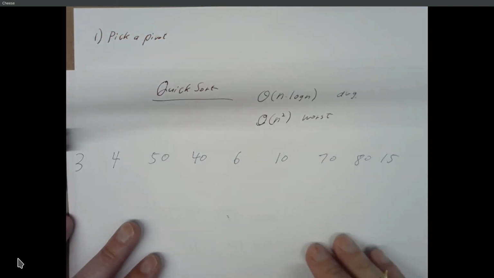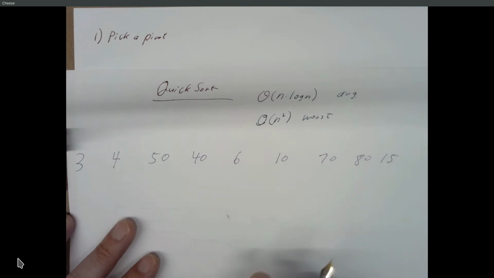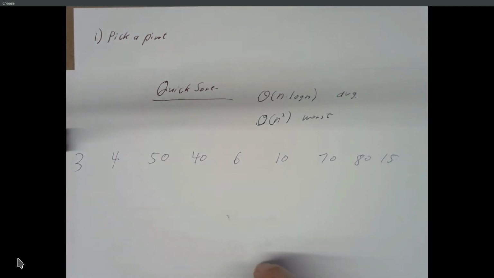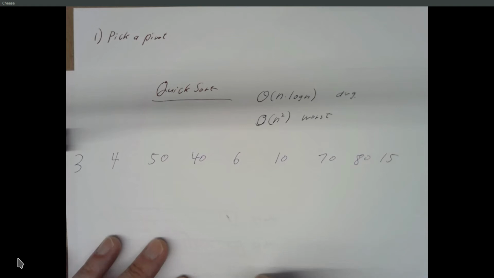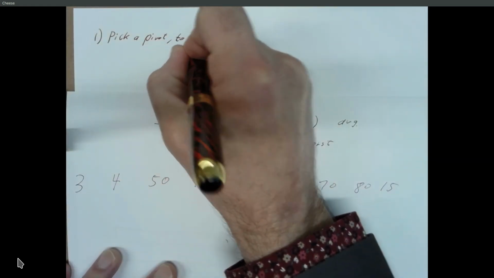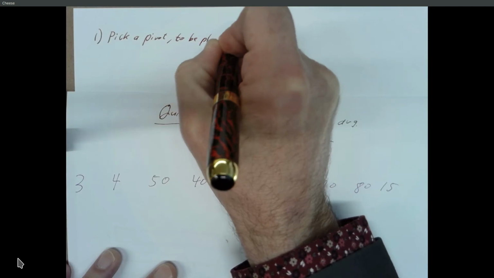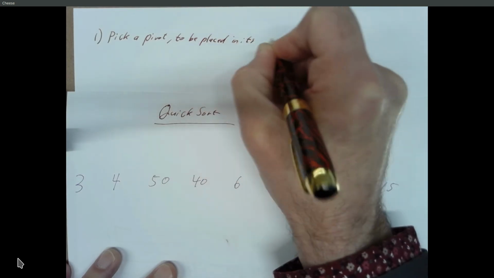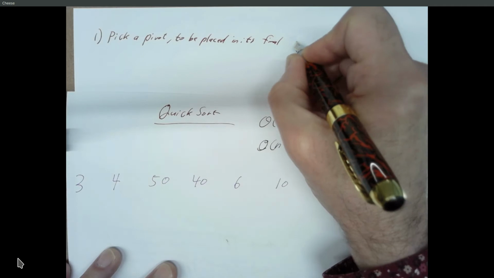First step, we're going to pick what's called a pivot. A pivot is a number we're going to pick from the list, and our goal is to place that number in the correct position in this list, so that once the list is sorted, that number is already in the right spot. So pick a pivot to be placed in its final correct position.